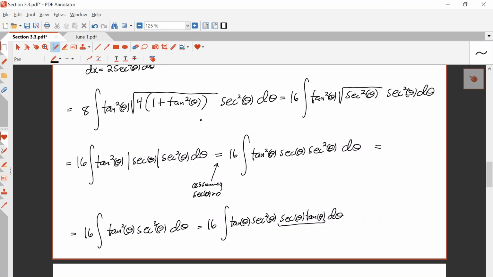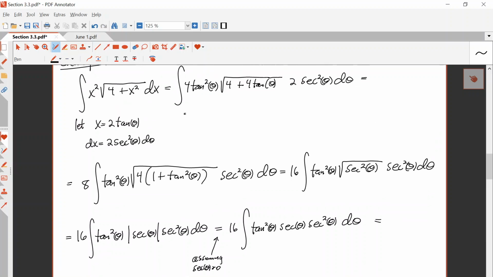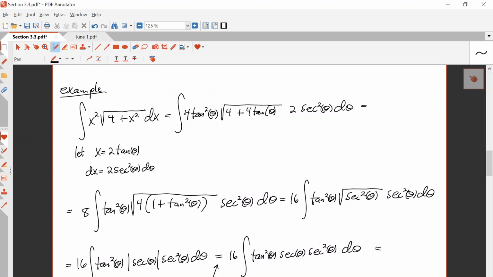Oh, I see what I did. I started with the wrong problem. This was supposed to be x to the third. So this turns out to be 8 tangent to the third, so this turns out to be 16 tangent to the third.